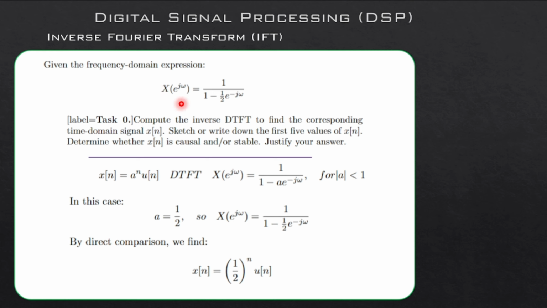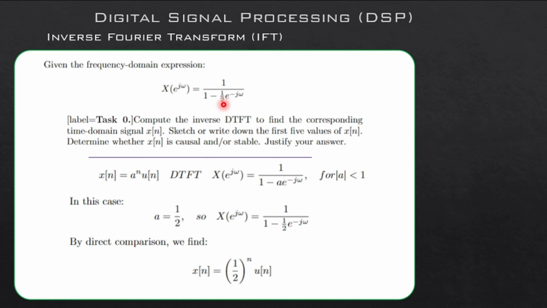So you have X(e^jω) equal to 1 divided by 1 minus 1/2 e^(-jω). All right, so the form of this function is close to what? Because if you look back on the chart, this is actually the transform of x[n] equal to a^n u[n], correct?